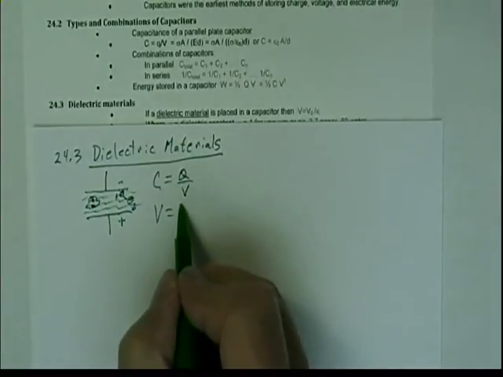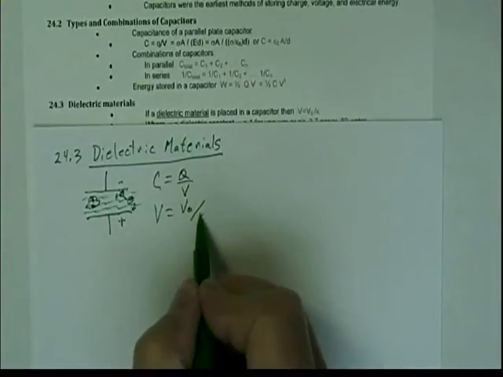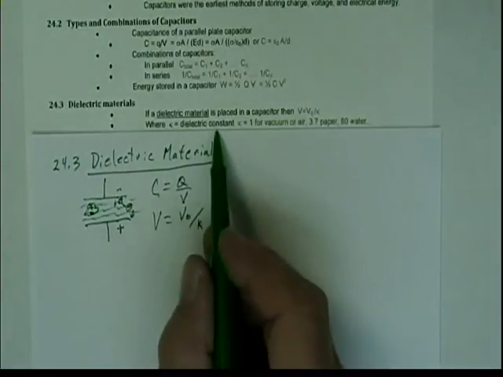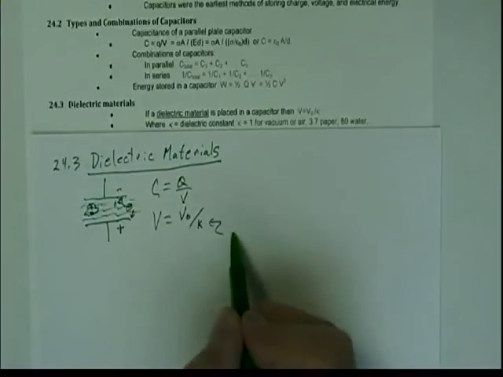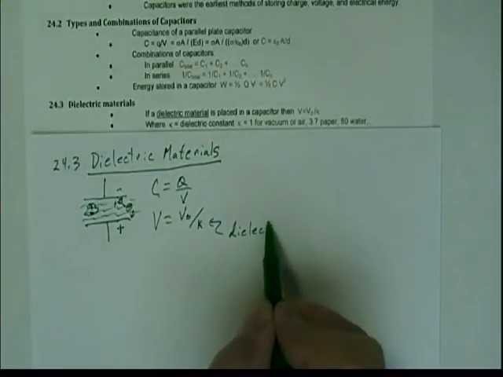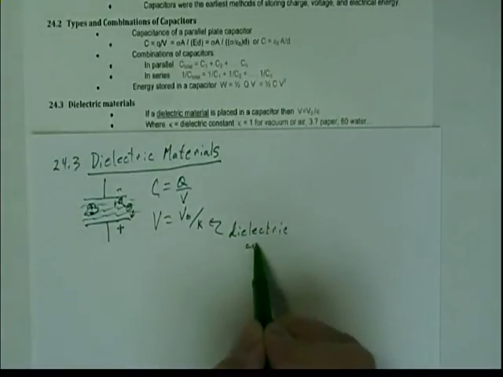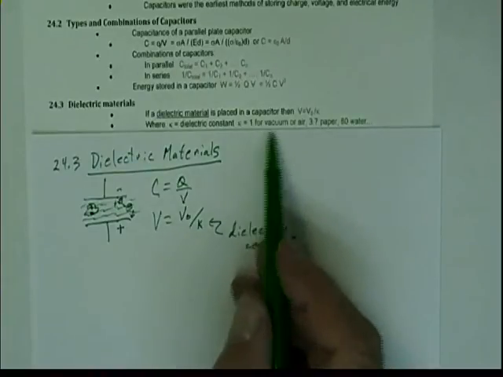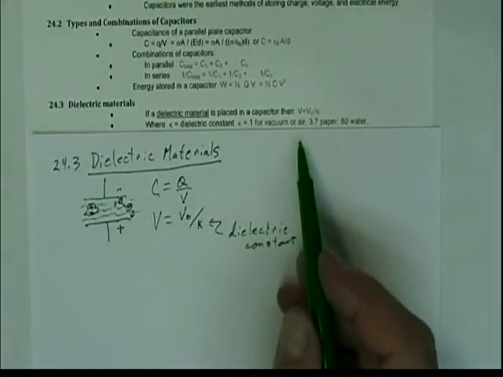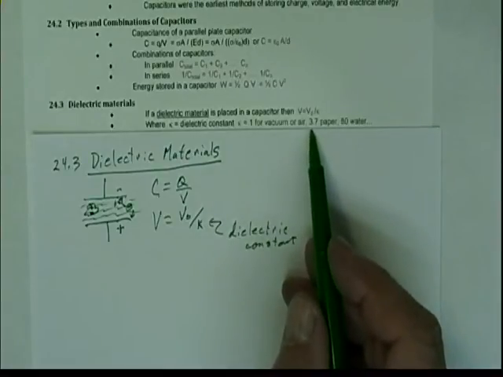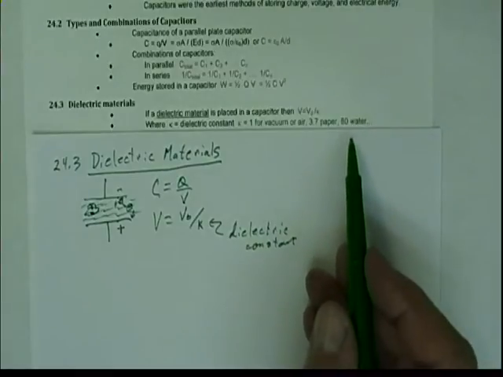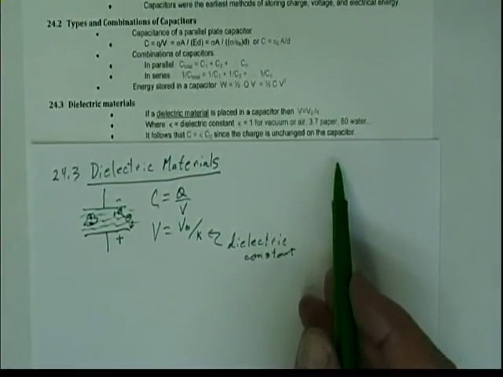So we write V is equal to V naught divided by kappa, the Greek letter kappa, where kappa is called the dielectric constant. Kappa is equal to 1 for the vacuum or air. But it's 3.7 if it's paper, 80 if it's water, so water has a very high dielectric constant.